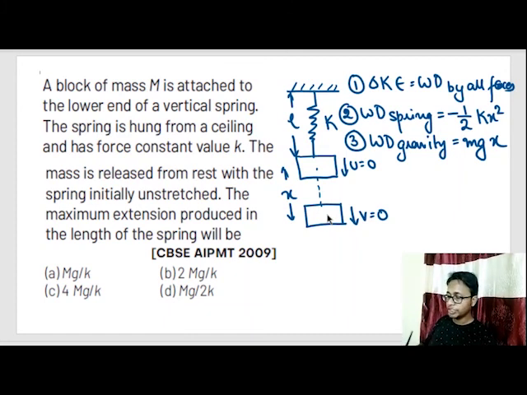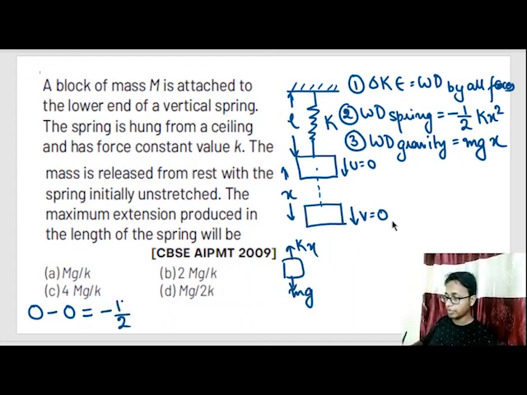So change in kinetic energy, or kinetic energy final minus kinetic energy initial: kinetic energy final, half m v final square, is 0, minus initial kinetic energy, also 0, is equal to work done by all the forces. There are two forces acting on this body, spring force and gravity force. Work done by spring force is minus half kx square. Work done by gravity force is plus mgx.